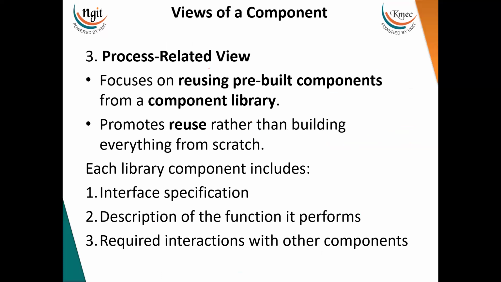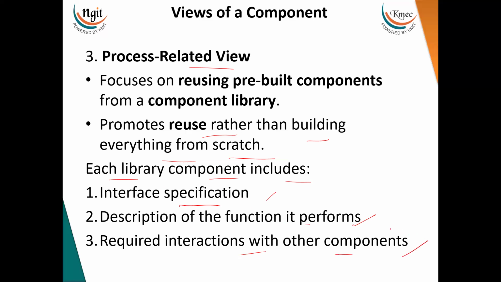The third view is the process related view, which focuses on reusing pre-built components from a component library that exists. Whichever has high relevance will be used. This promotes reuse rather than building everything from scratch. Each library component includes an interface specification, a description of the function it performs, and required interactions with other components.